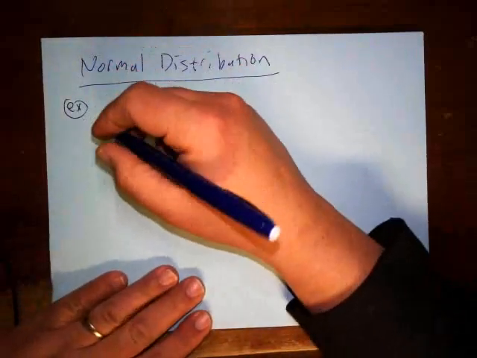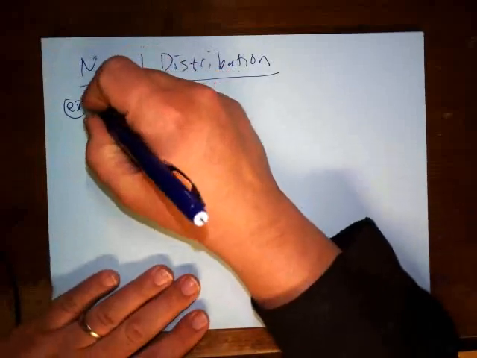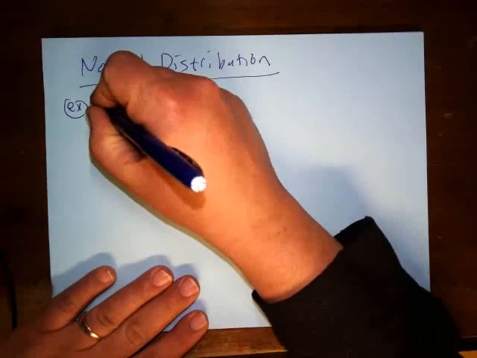Let me give you an example of something that is usually considered to be a true normal distribution here.